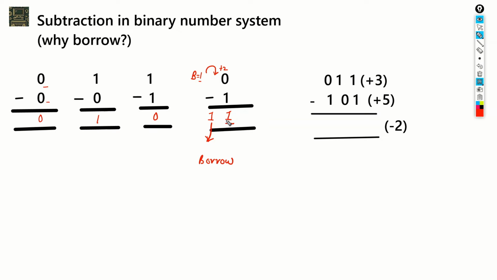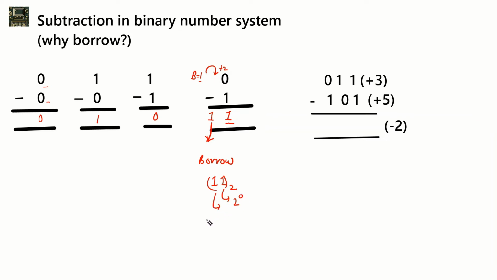Now, what is this value 1, 1? So, if we look at 2's complement representation of minus 1, this value is nothing but 1, 1. So, if you look at 1, 1, what is the value in 2's complement? If this number has been in 2's complement, the weight of this number will be 2 raised to the power 0.